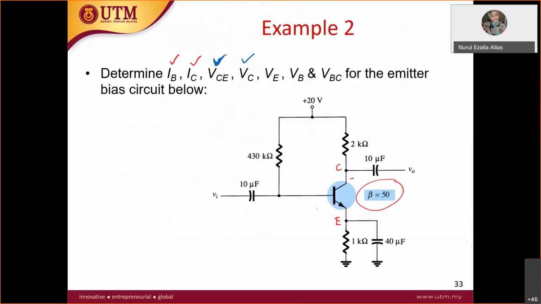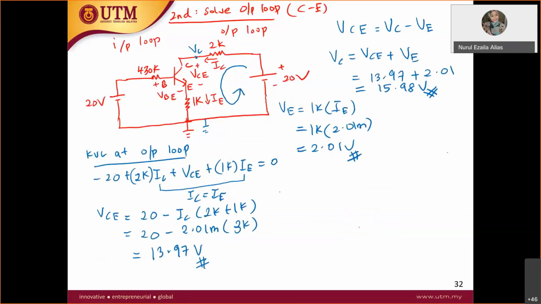So now you have the value of VE. How do you calculate VB? VB is from this node to ground. It is equal to the total voltage VBE plus VE.